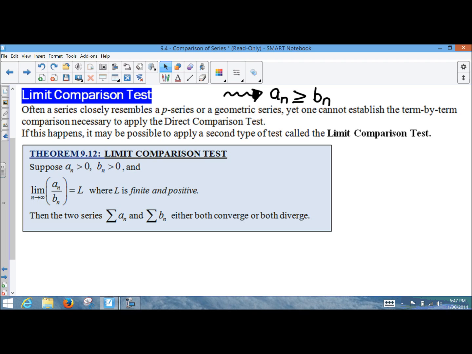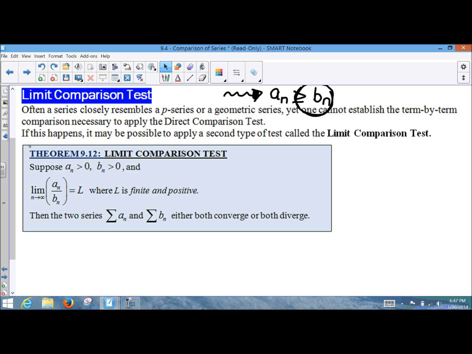And without the use of a calculator, that can get very, very tricky. So the limit comparison test bypasses that step, and it simply says, go ahead and find some kind of b sub n expression to compare your a sub n with, but you don't have to worry about which one is bigger or smaller.